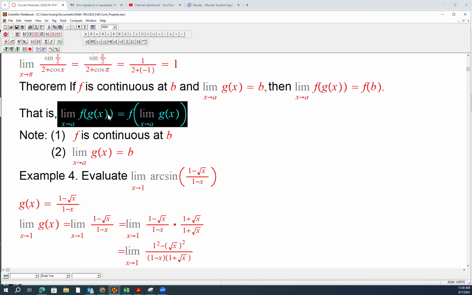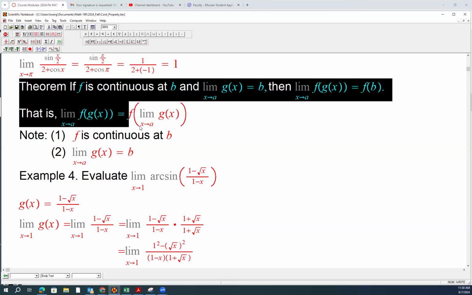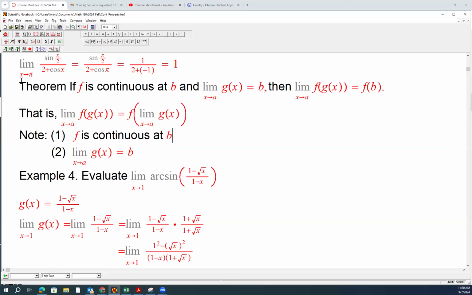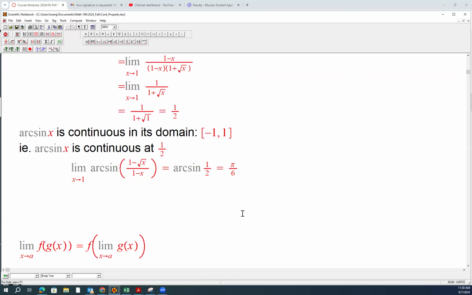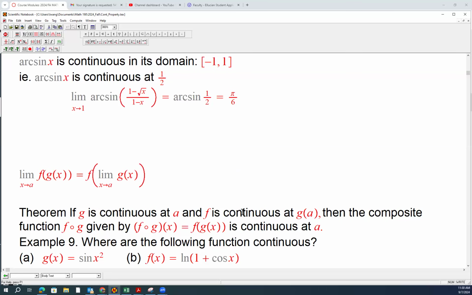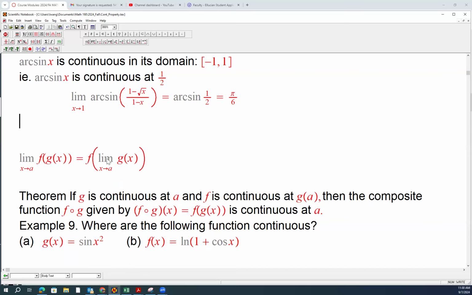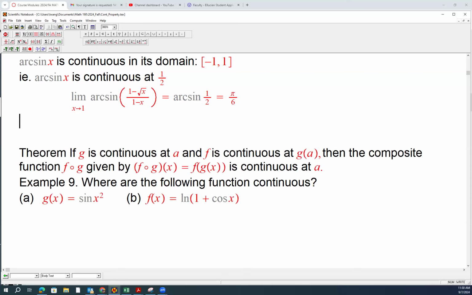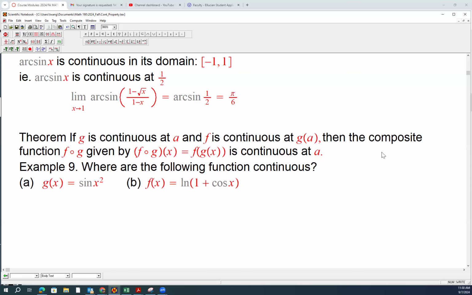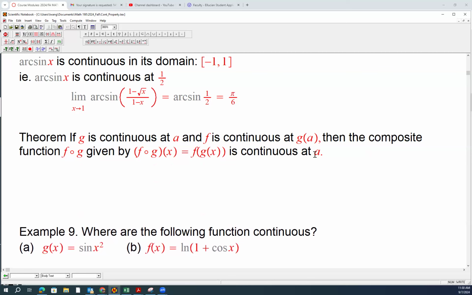If g is continuous at a, and f is continuous at g of a, then the composition function f composite g is continuous at a.